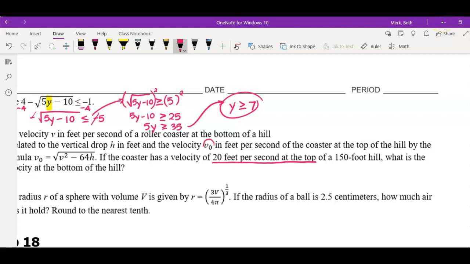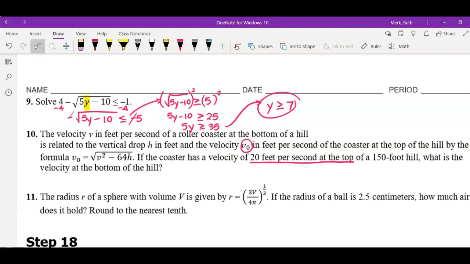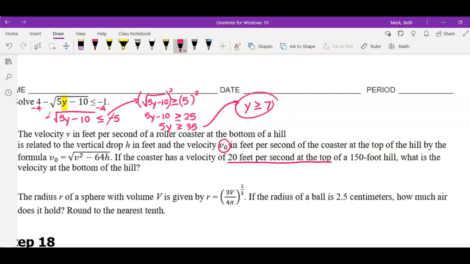That is the v naught, or the v sub 0. Because up here it says v sub 0, or v naught is another way of saying that, is at the top of the hill. So I can put 20 into my formula for v naught.